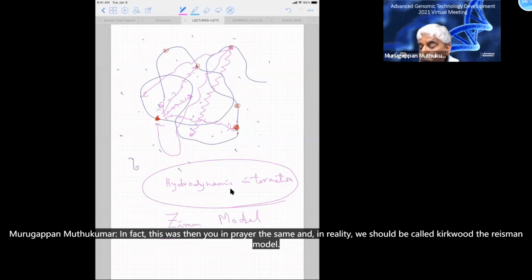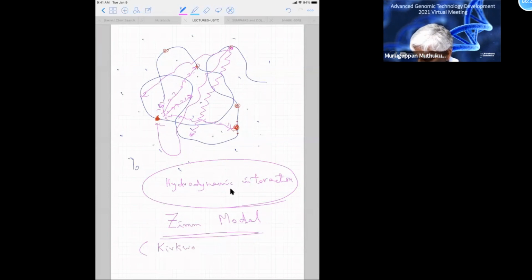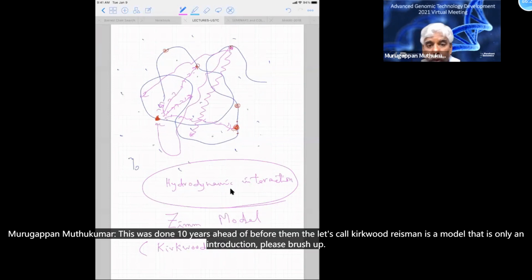In fact, this was done even prior to Zimm, and in reality, it should be called the Kirkwood-Riseman model. This was done 10 years before Zimm. So let's call Kirkwood-Riseman the Zimm model. This is only an introduction.